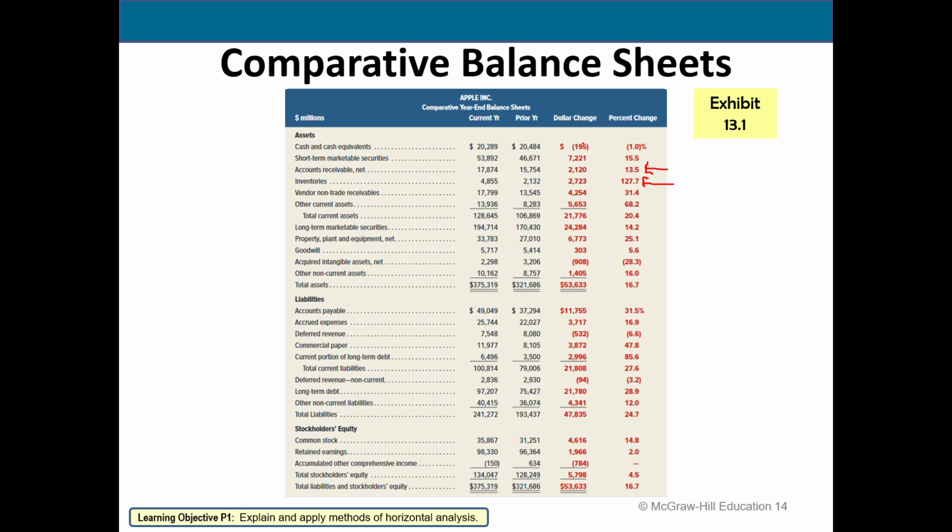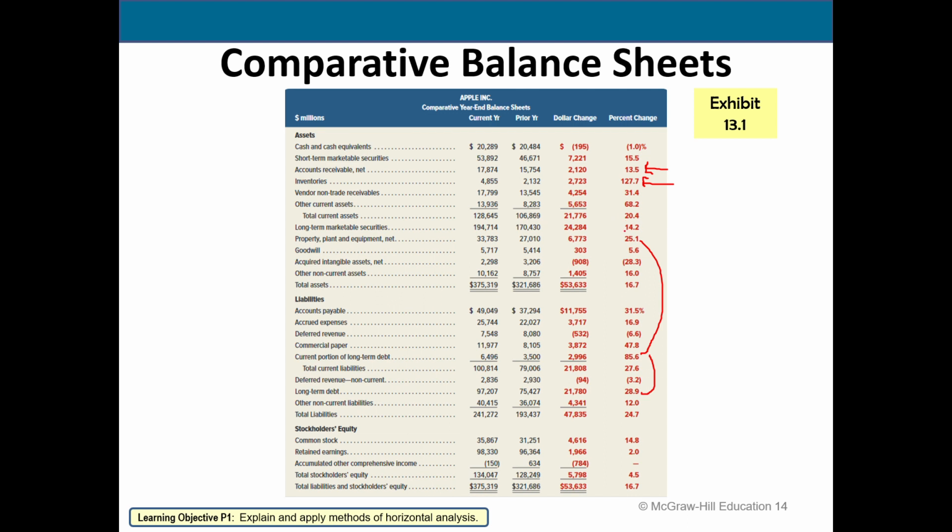And since our cash is pretty stable from year to year and hasn't significantly increased to support these expansions, this will probably lead to an increase in our liabilities. We can see here that we have this long-term debt that has increased.